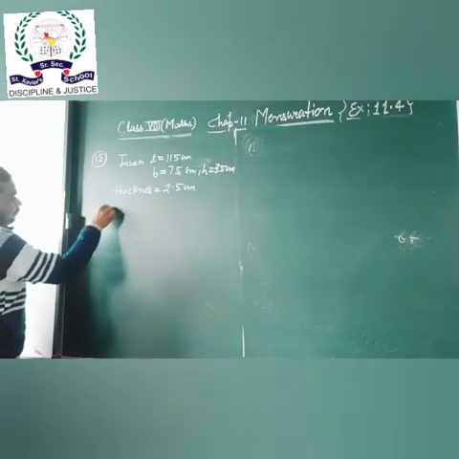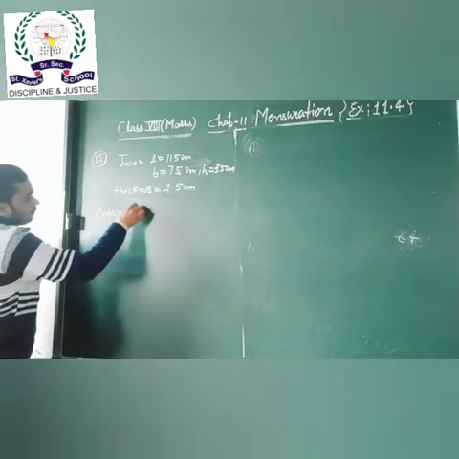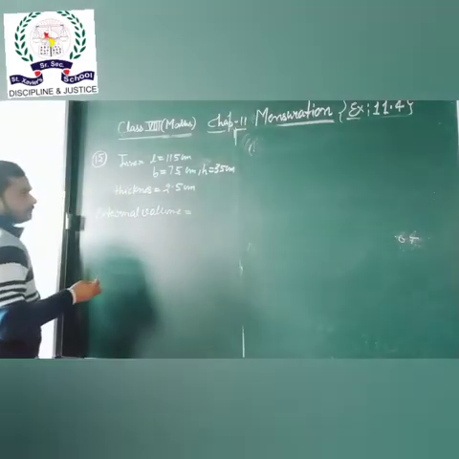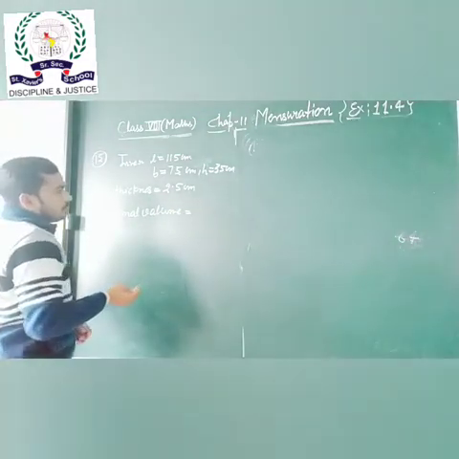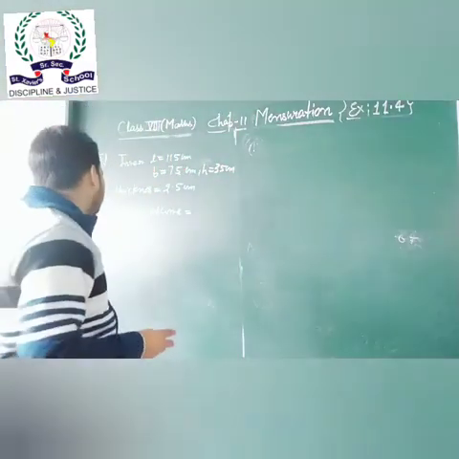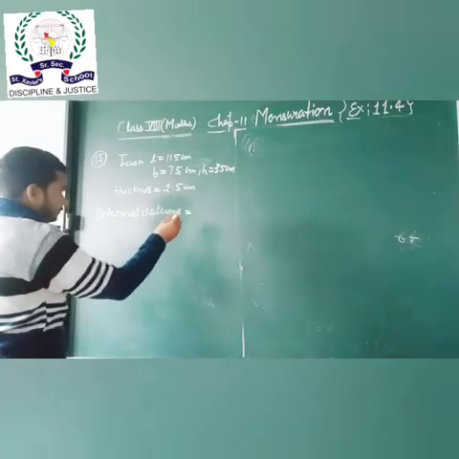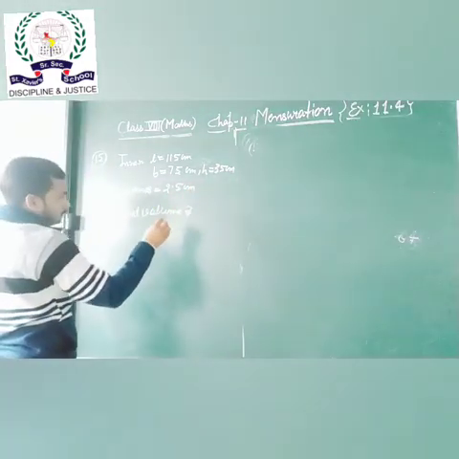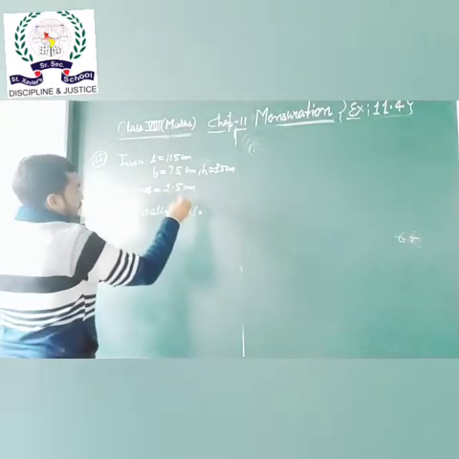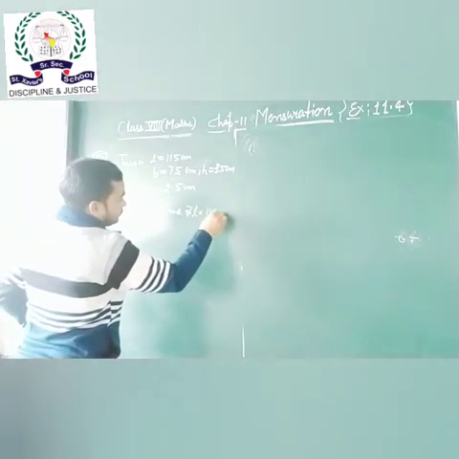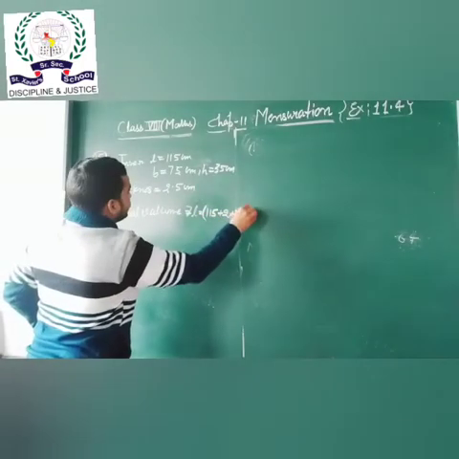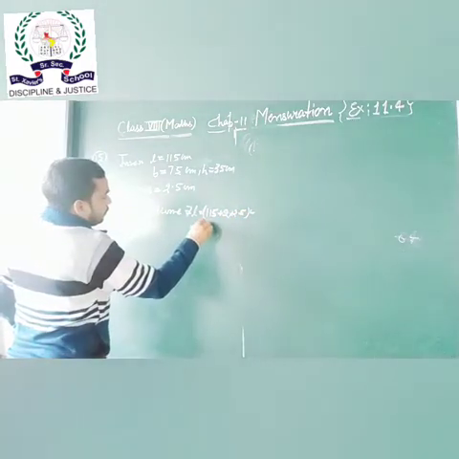So first we find the external value. External length: L equals 115 plus 2 into 2.5 equals 120 centimeter.